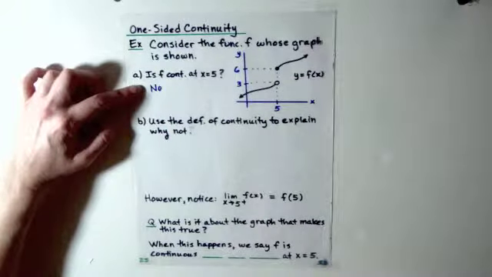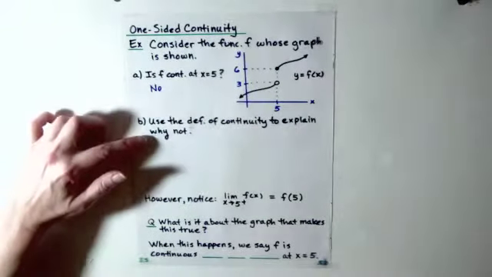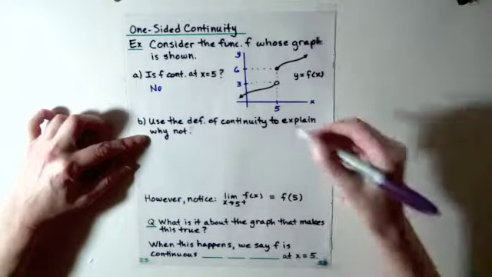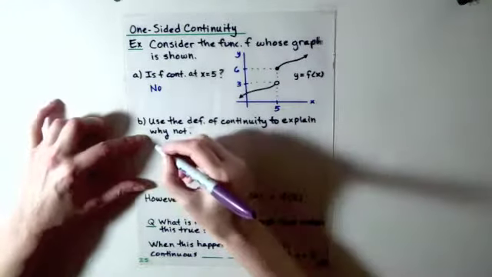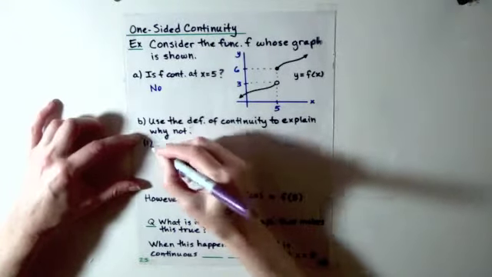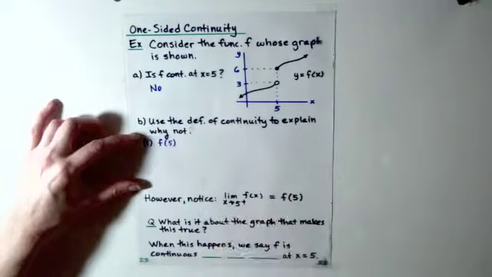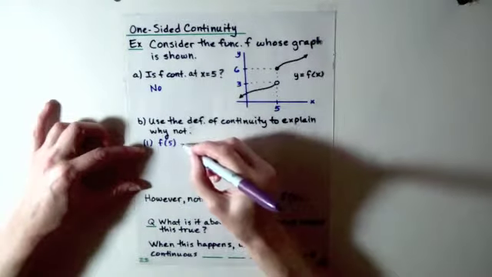It's discontinuous there. What I'd like us to do is just quickly go through the careful or precise definition of continuity to explain why it's discontinuous there. We can see there's a jump discontinuity in the graph, but let's go through our three conditions. First of all, let's decide whether f of 5 is defined.